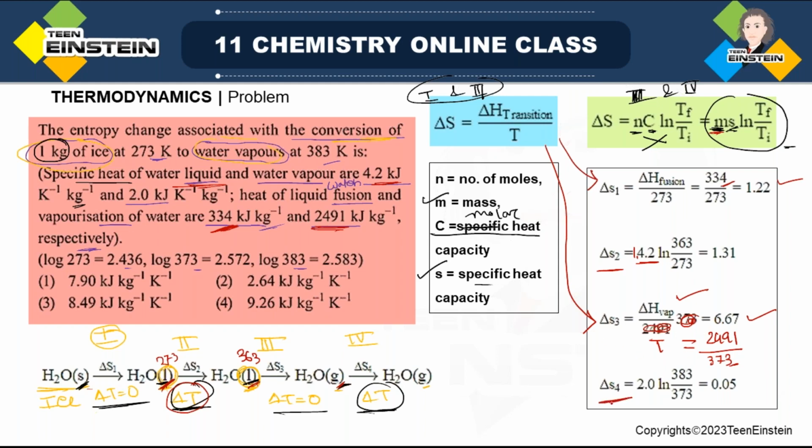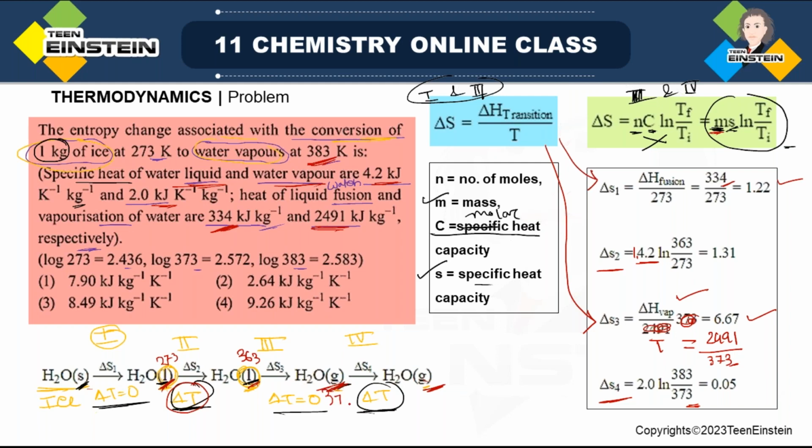After that we have del S4. In del S4 we will use 2 kilojoule per kg per Kelvin, which is specific heat of water vapor, because in this case only vapor is involved, and final temperature is 383, and before that we have the temperature 373.